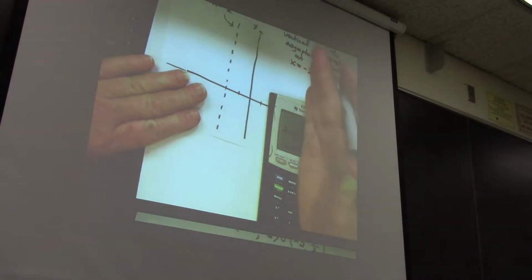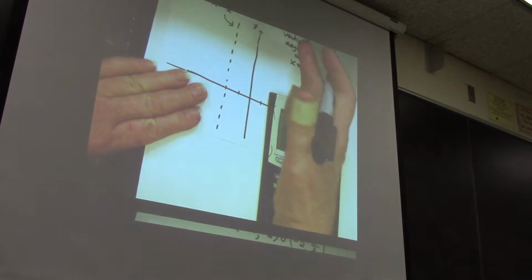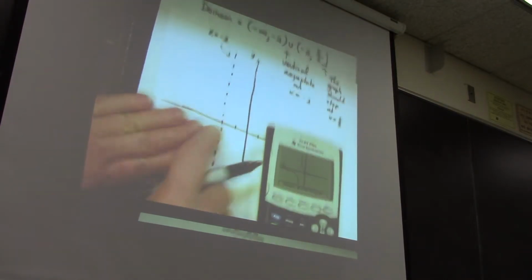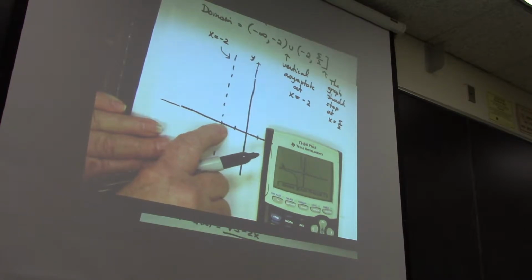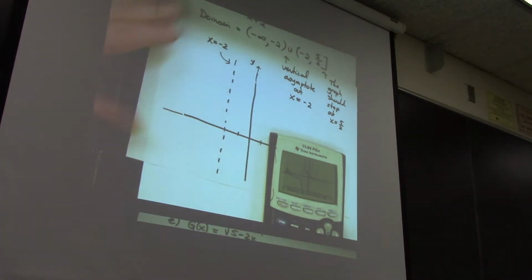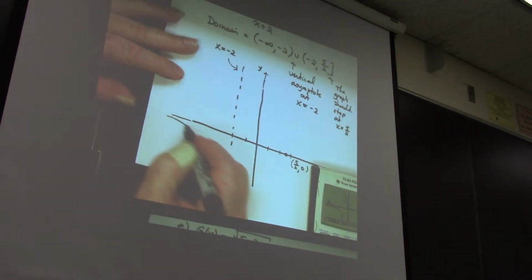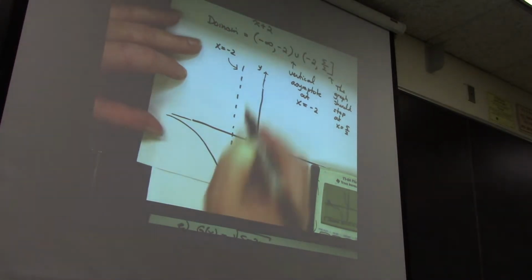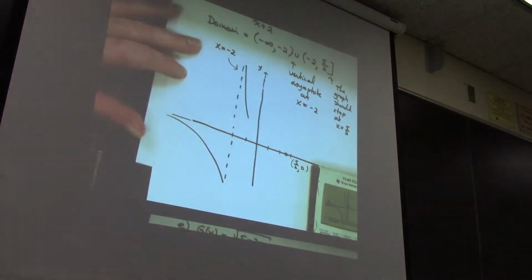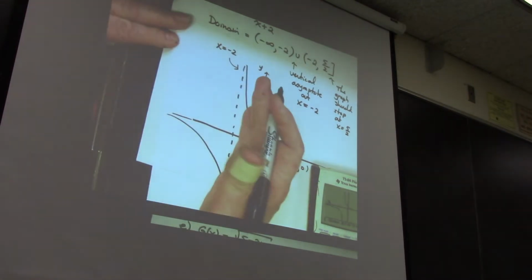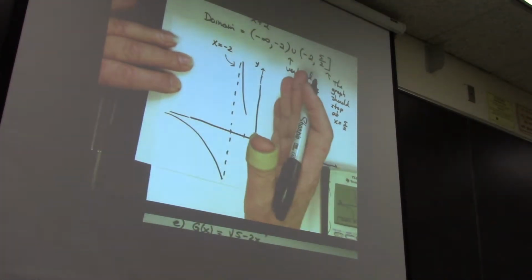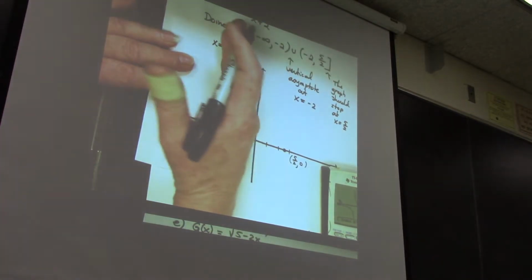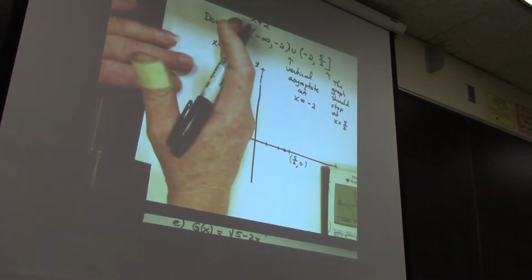So, okay, there's a vertical asymptote somewhere, and it had better be at x equals -2, because that's where we divide by 0. So we have some sort of vertical asymptote here. There are points on the graph to the left of -2. There are points on the graph to the right of -2. Nothing is going on at -2.